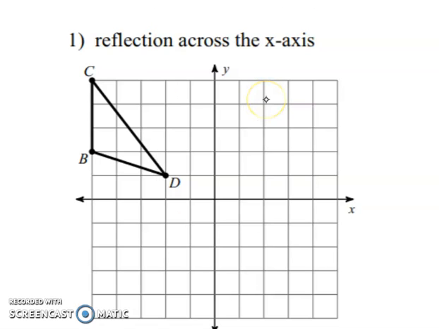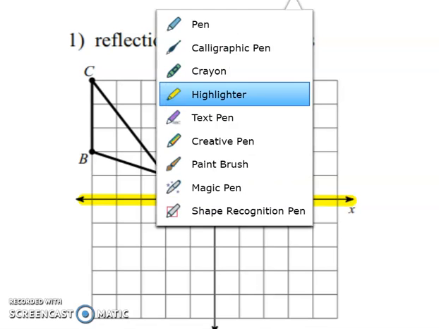So what I'm going to do is highlight where I'm going to be reflecting across. So I'm going to highlight this x-axis here. I know this triangle BCD as the pre-image is going to get reflected across that x-axis.